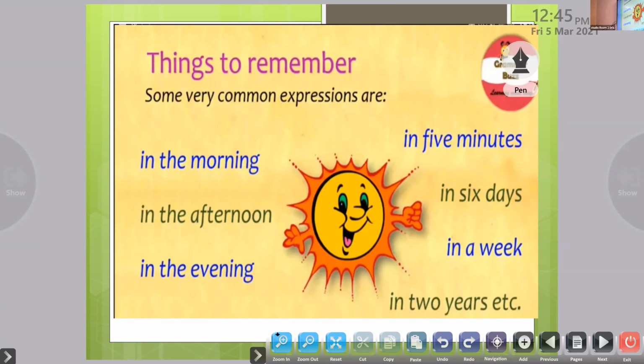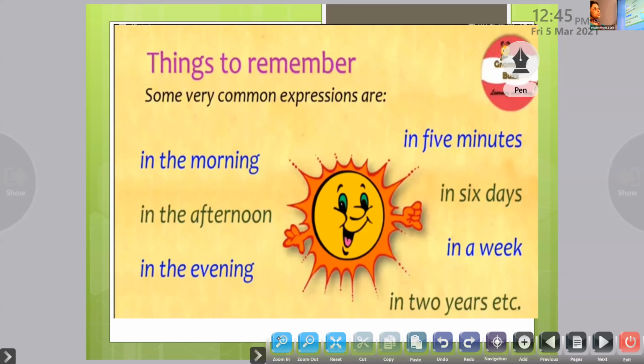So in is used with months, seasons, year, and parts of the day. Please learn it well. We have to memorize it. There's no other way, so when we do the exercise, it'll be easier for you.